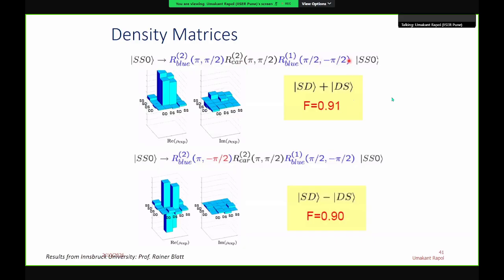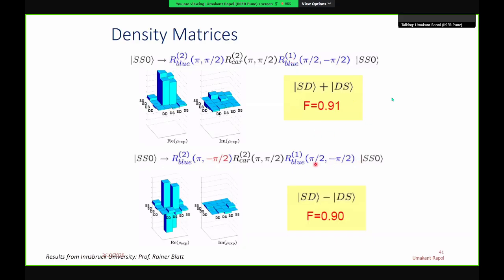So the way this pulse sequence is denoted is, you take this starting state, the initialized state, both ions in the ground state and in the motional ground state also, and you apply these pulses one by one: first a blue pi by 2 pulse on ion number 1, then a carrier pi pulse on ion number 2, then a blue pi by 2 pulse. So with these 3 pulses in this sequence, you generate this state.